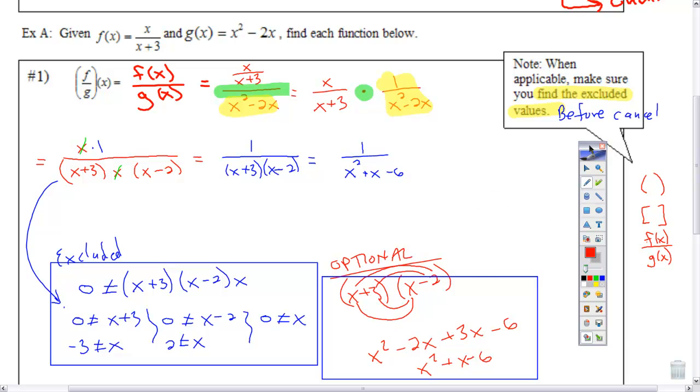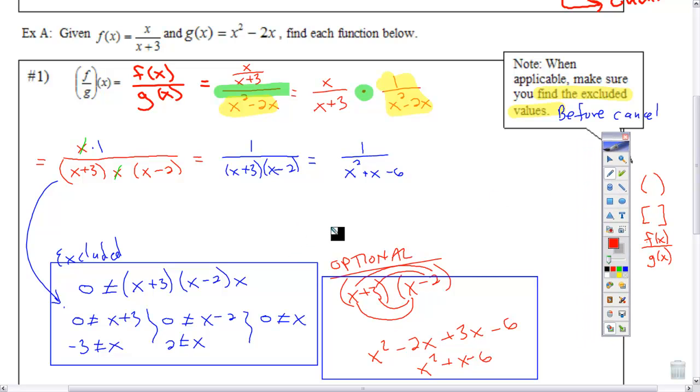So what is my answer? To write your answer, you write down the question. f divided by g of x equals, write down the simplified version. Do not forget, you put a comma, you say what x cannot be, the excluded values.